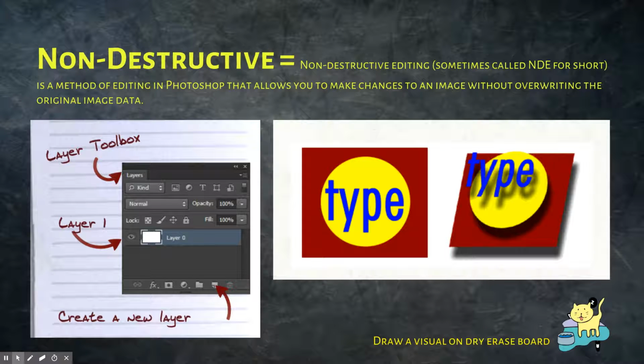And you are going to be the master of using layers. So when editing, enhancing, or manipulating photos, you don't just do it right on top of that original file data.